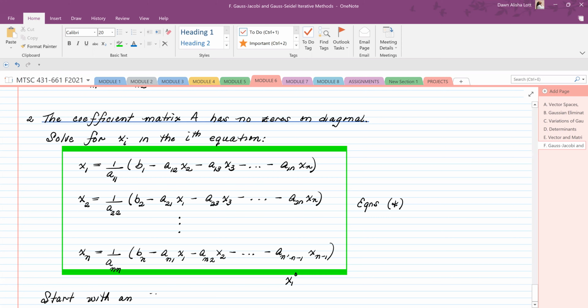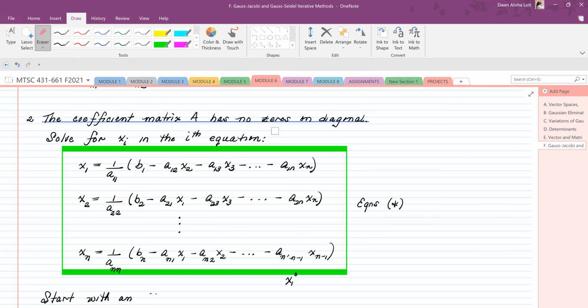So we solve for xi in the xi equation, but we do not wait to solve for all the xi's at the k plus first level.